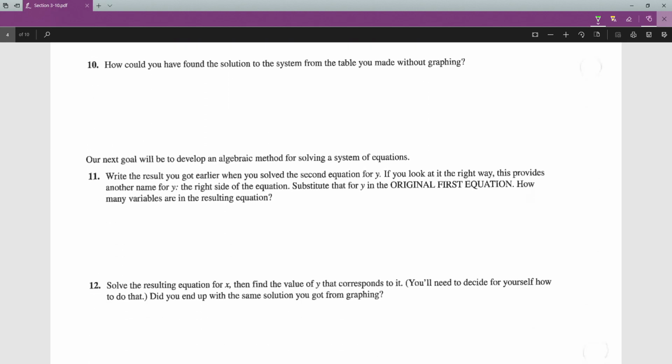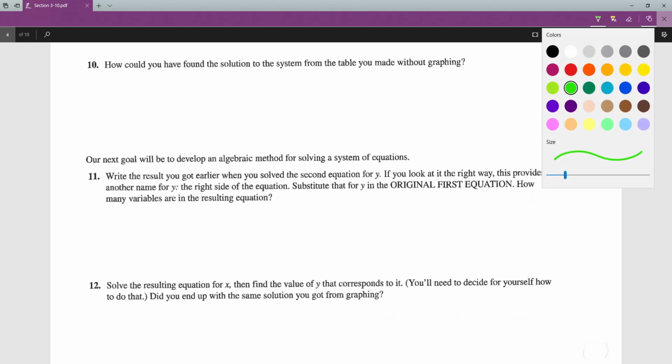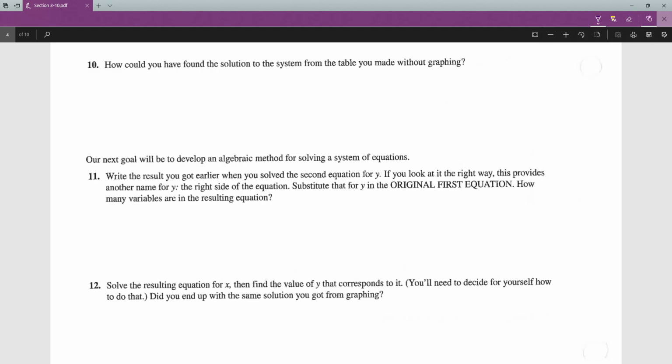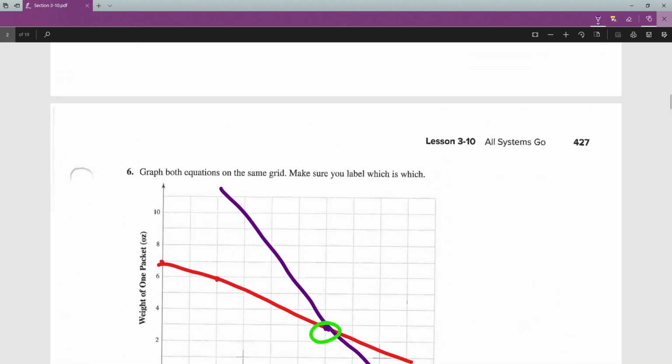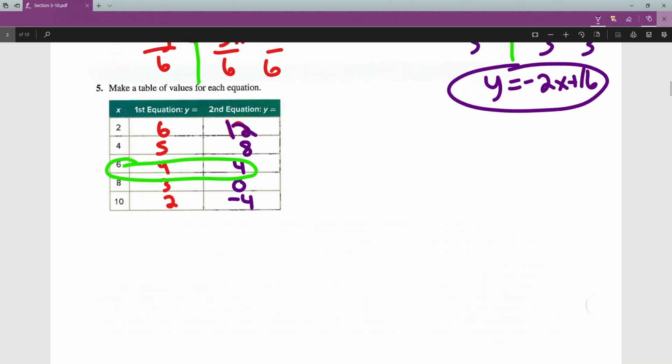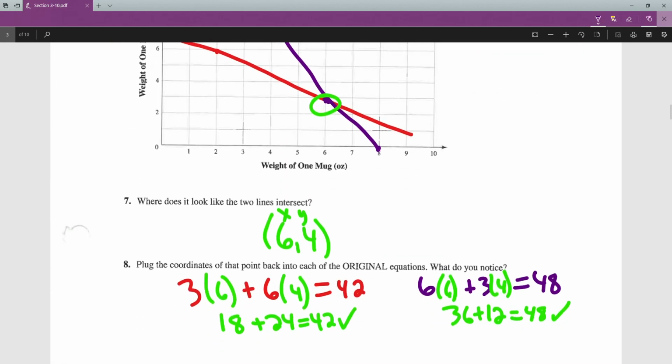So our next goal will be to develop an algebraic method for solving a system of equations. Write the result we got earlier when we solved the second equation for y. This was our purple one. Let's go back and see what we got. Way back up here, I got y equals negative 2x plus 16.